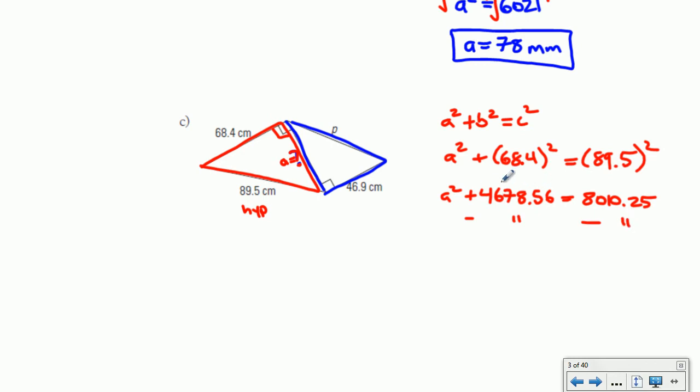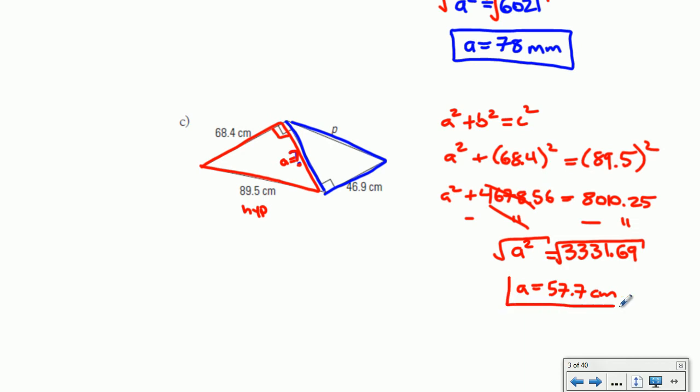So subtract 4,678 from both sides. Then we're just left with a squared on the left equals this. Okay, and then square root both sides. So that gives you a, which is 57.7 centimeters. And there are some more digits in there, but I'm going to leave that unrounded for later.